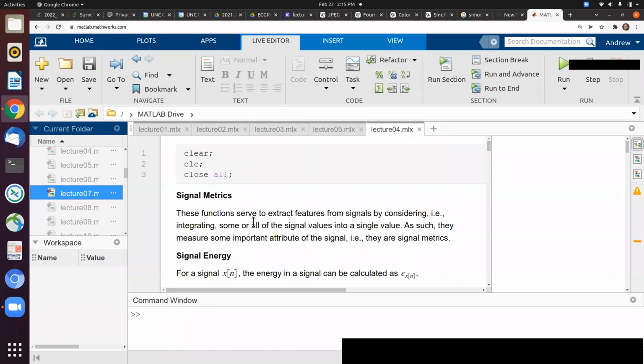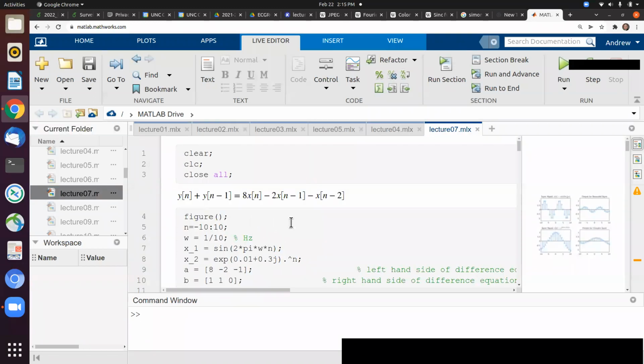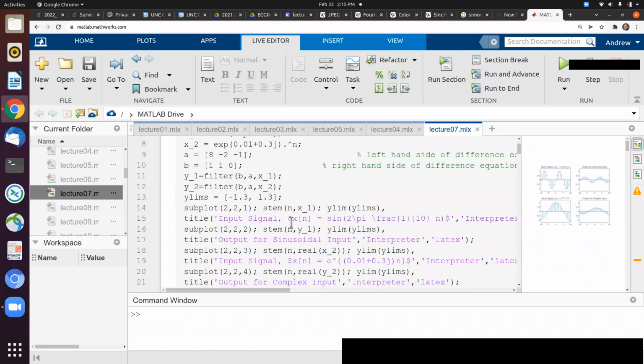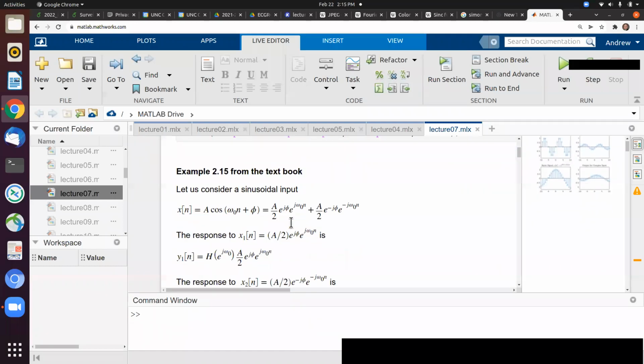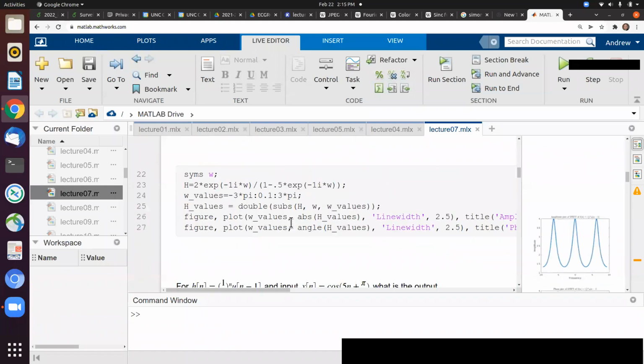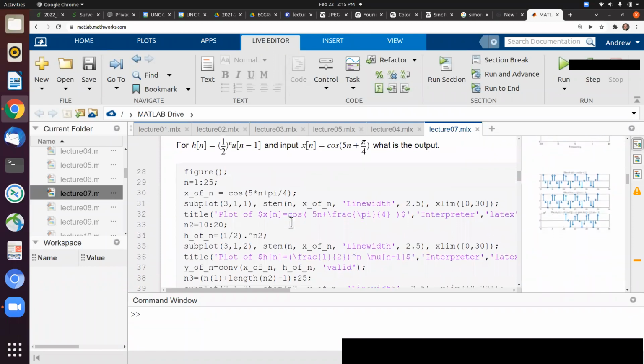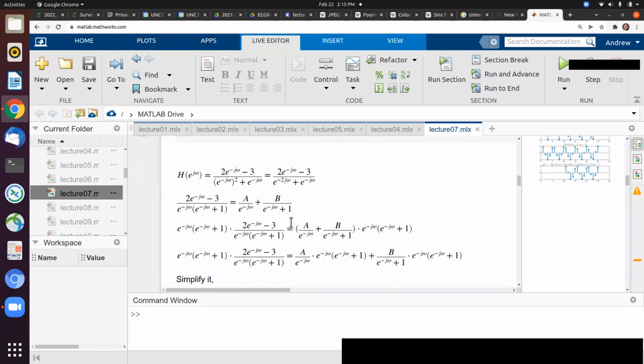It looks like MATLAB is not going to be responsive enough in time, but if you wish, you can certainly download the MLX file and run it, and it basically validates the eigenfunction property that we previously discussed.